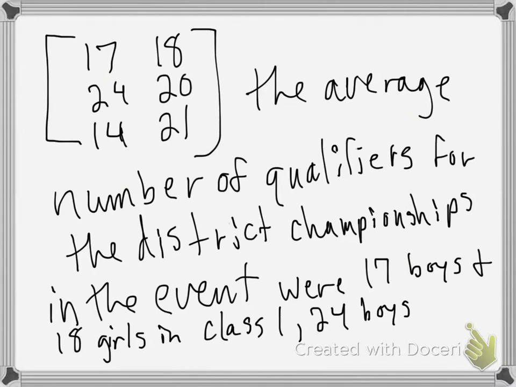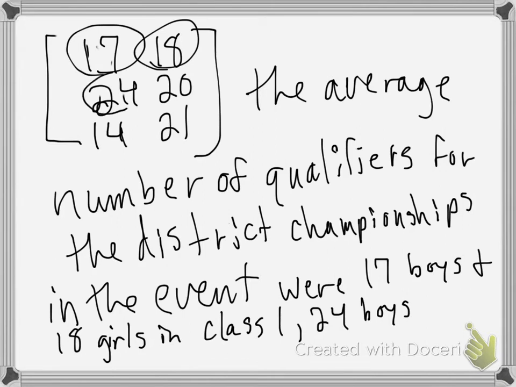So that's why I was able to say the average number of qualifiers for the district championships in the event were 17 boys and 18 girls for Class 1. 24 boys and 20 girls for Class 2. 14 boys and 21 girls for Class 3. Those were the averages.